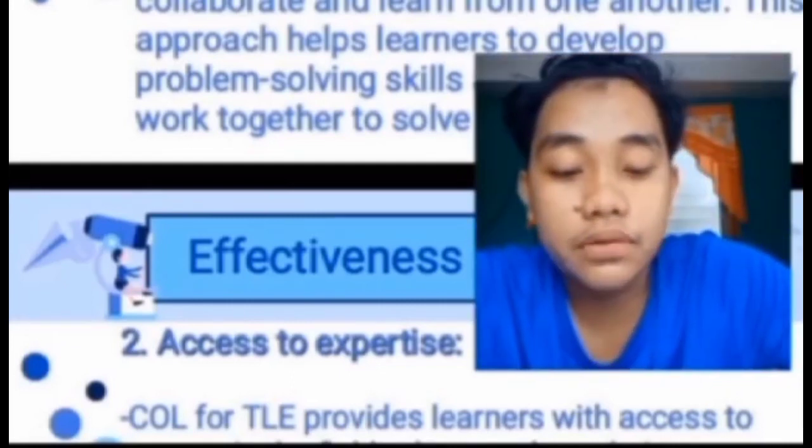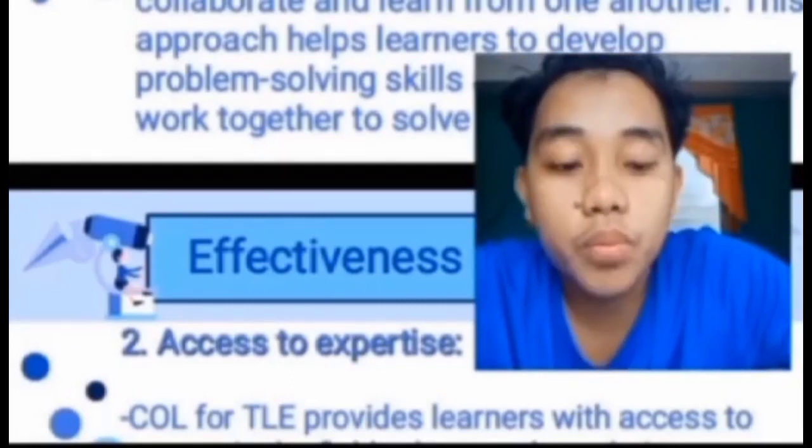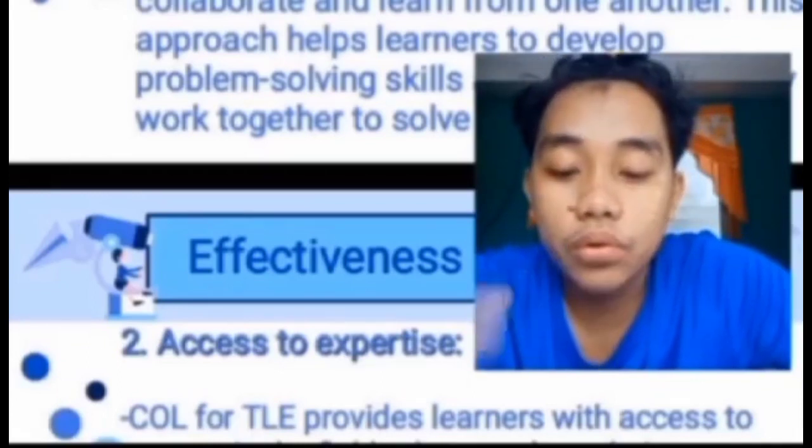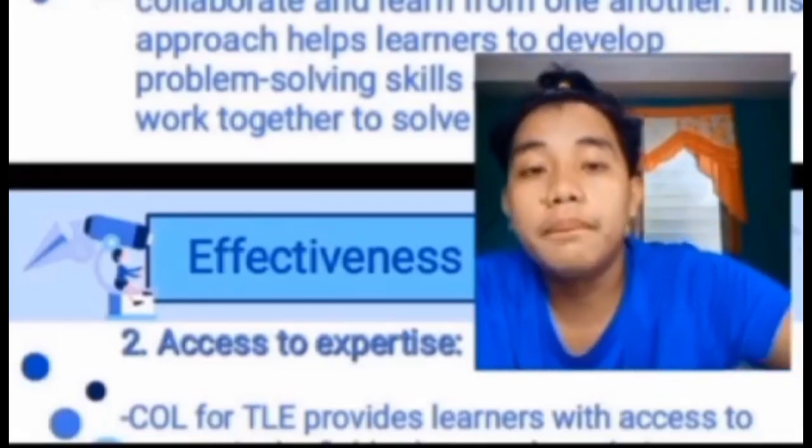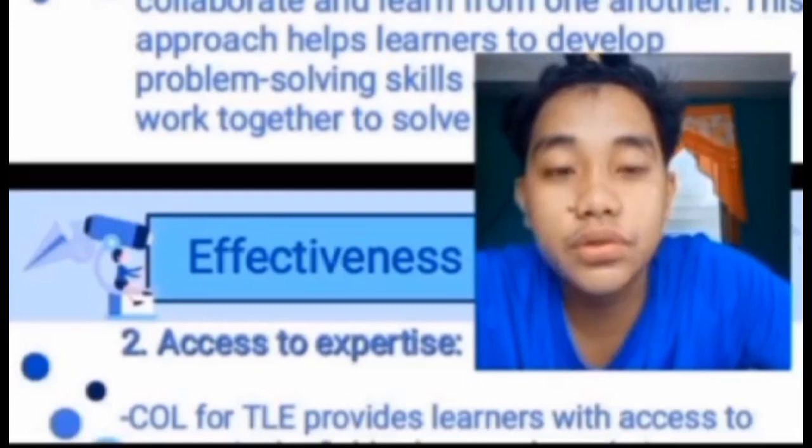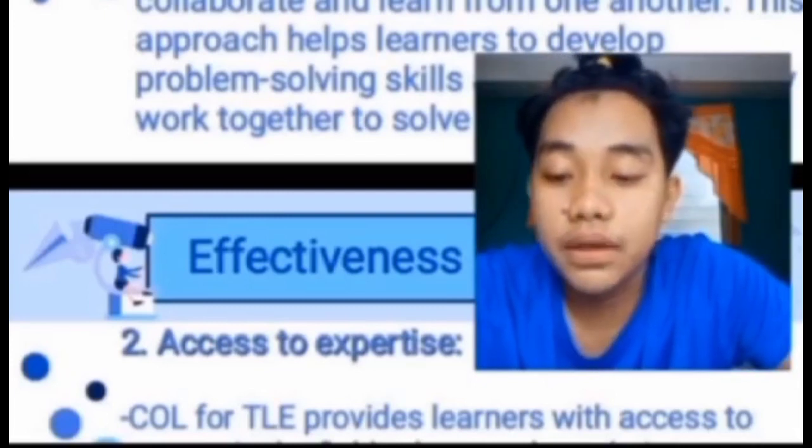In that way they can connect with professionals, and they can learn and also impart their learning to others. So that's all my topics.